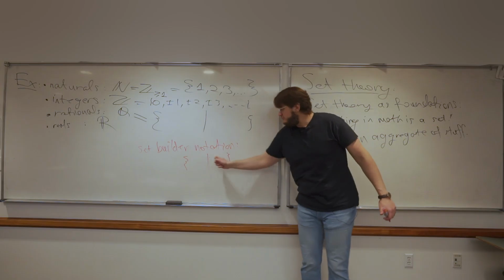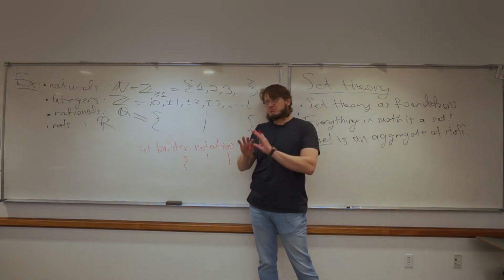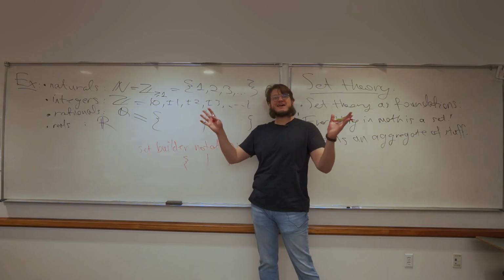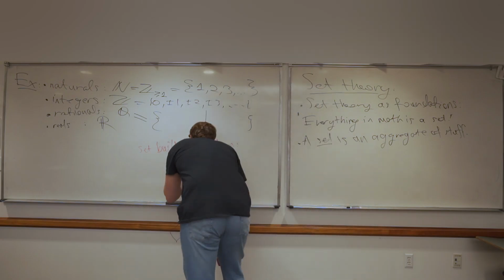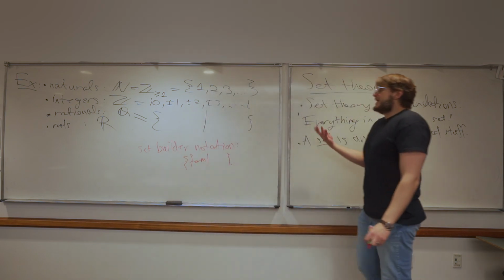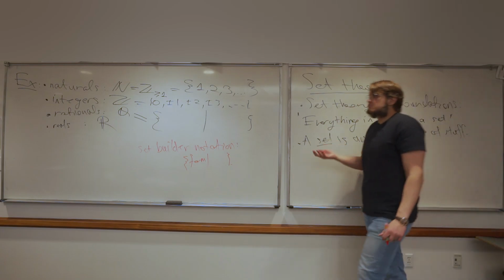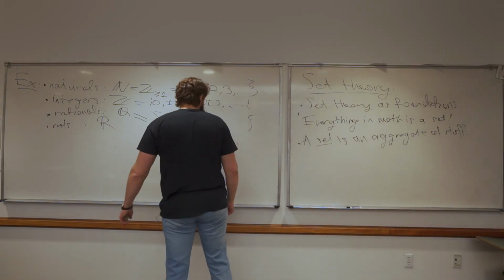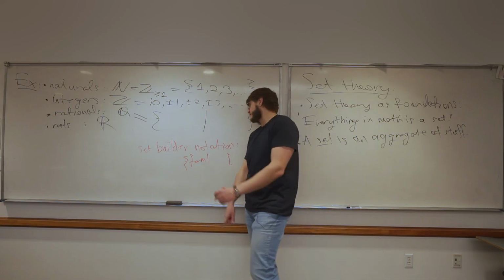There are two spots here. Here you put the format of the general elements in this set that you're trying to build. The general form. And on the right, you put the condition that you can possibly verify to figure out whether or not whatever thing you're looking into should be included in this set.